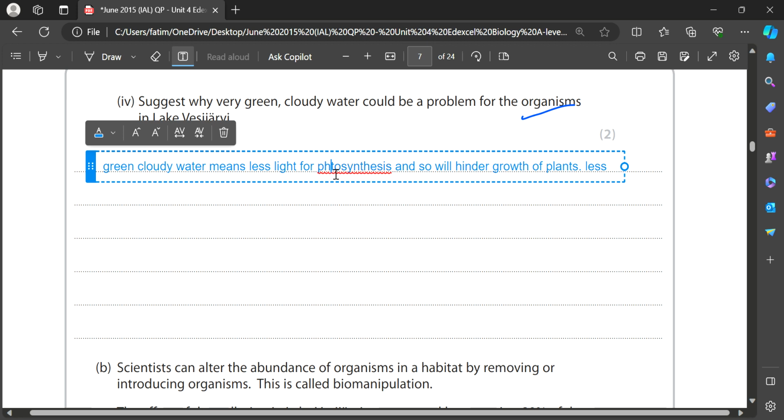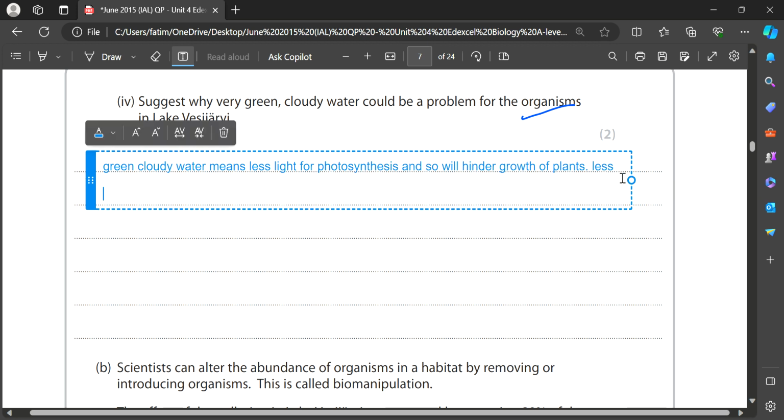Okay, I didn't add an O. Less plants would affect other organisms that prey on those plants, and so less food for them, as they'll decrease in number.